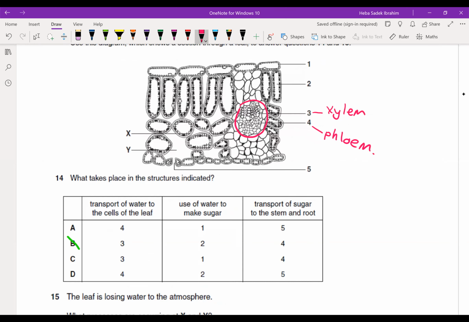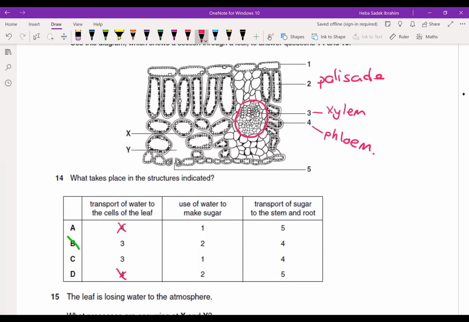Yeah. Okay. Transport of water to the cells of the leaf happens from xylem 3. So that's 3, and these options are out because 3 are the vessels responsible for transport of water. Use of water to make sugar is going to happen in the palisade mesophyll. The mesophyll cells are the ones that do it.